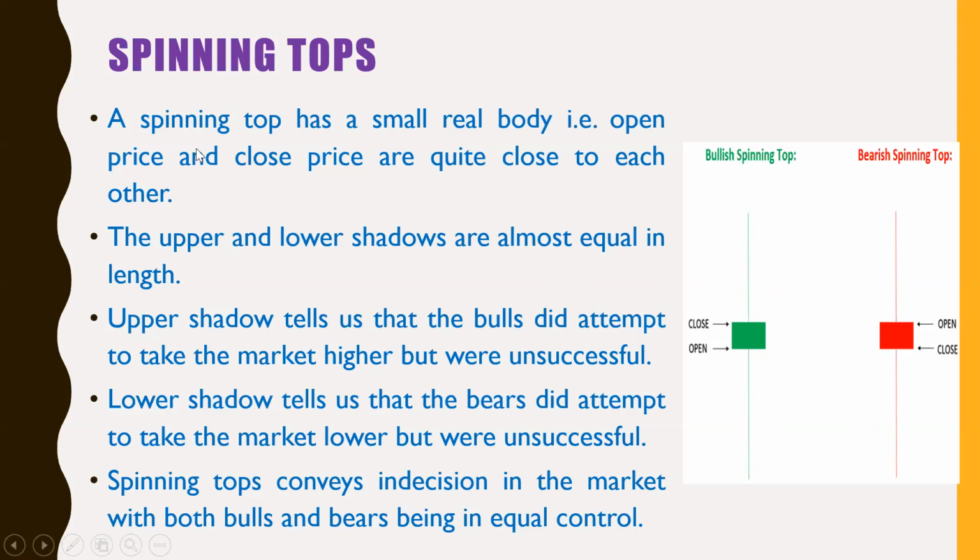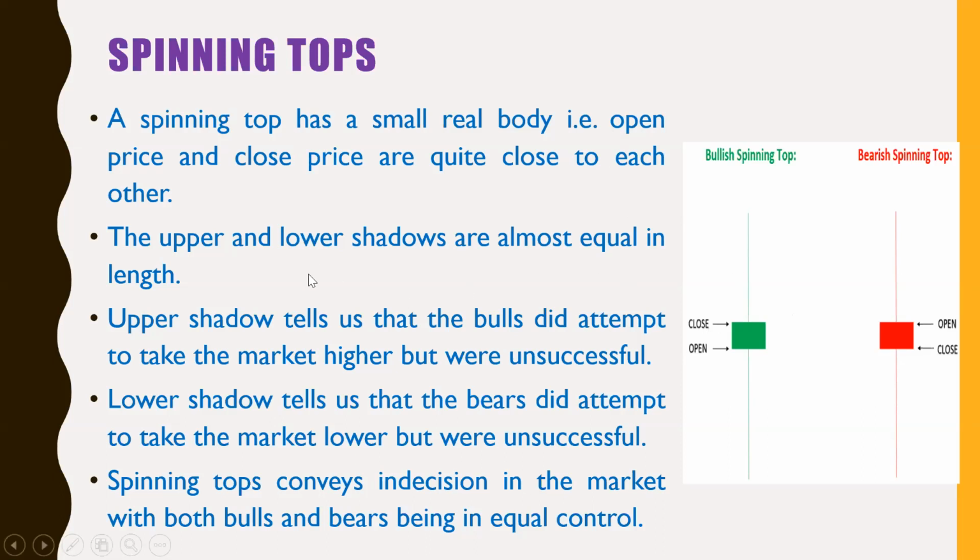So what is a spinning top? A spinning top has a small real body. The open price and close price are quite close to each other. For example, if it opens today at 100, it may close at 102 or 103, just as an example.